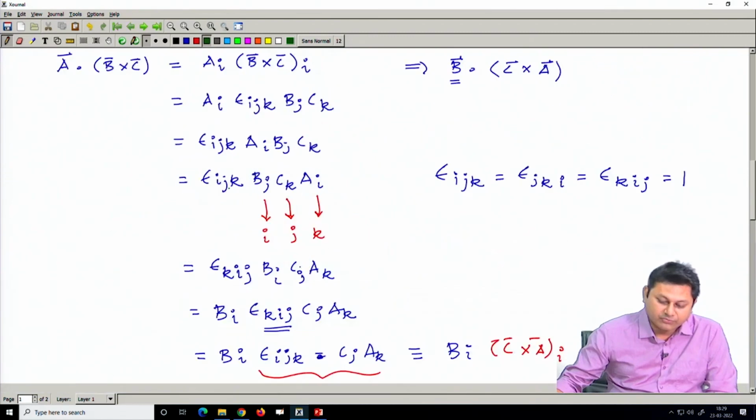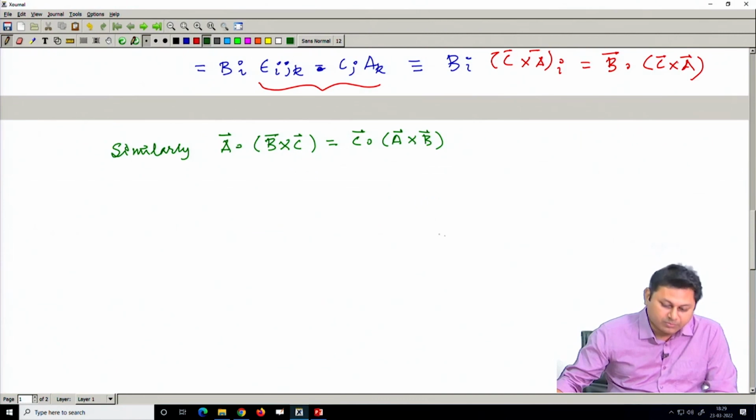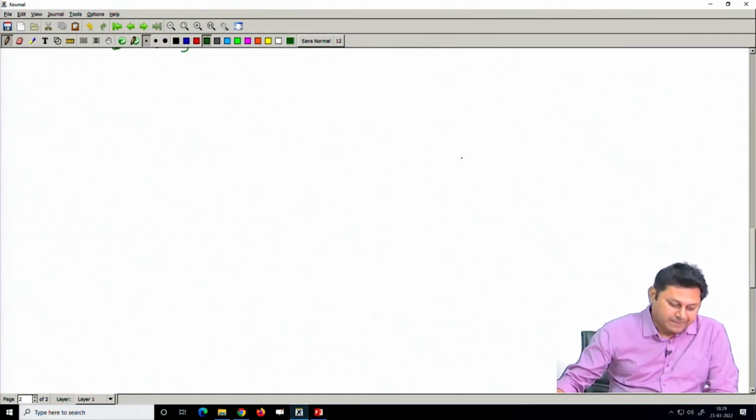I already proved that A dot B cross C is B dot C cross A. So, you can also prove that A dot B cross C is equal to C dot A cross B using the same process, same methodology.